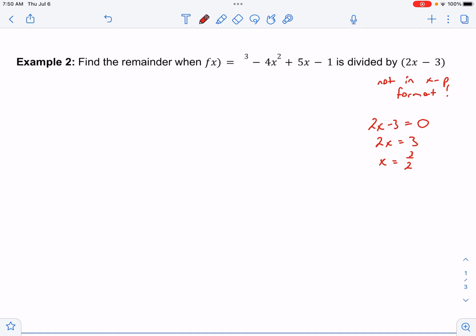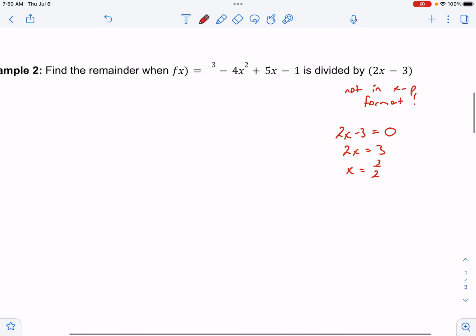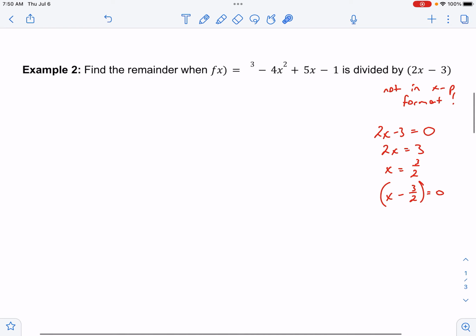And then I just want to rearrange this, bring it back over in order to get that x minus p format. If you were dividing, recall that you would not be able to use synthetic division for this. You would need to use long division for this. But we're not dividing. We're just finding the remainder. Okay, we've got our format now, so we know that p is going to be equal to 3 over 2.